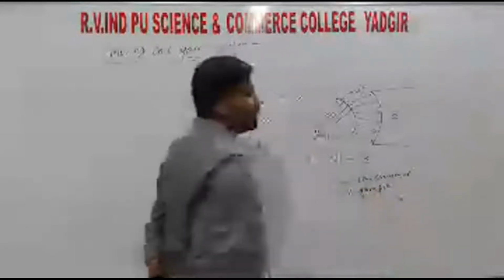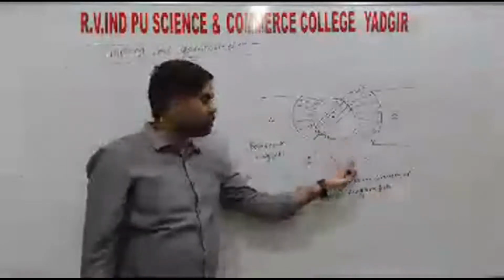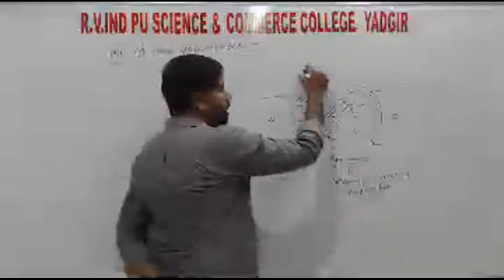So what increases the strength of the magnetic field? The soft iron core, right? So one pointer is attached to the soft iron core.